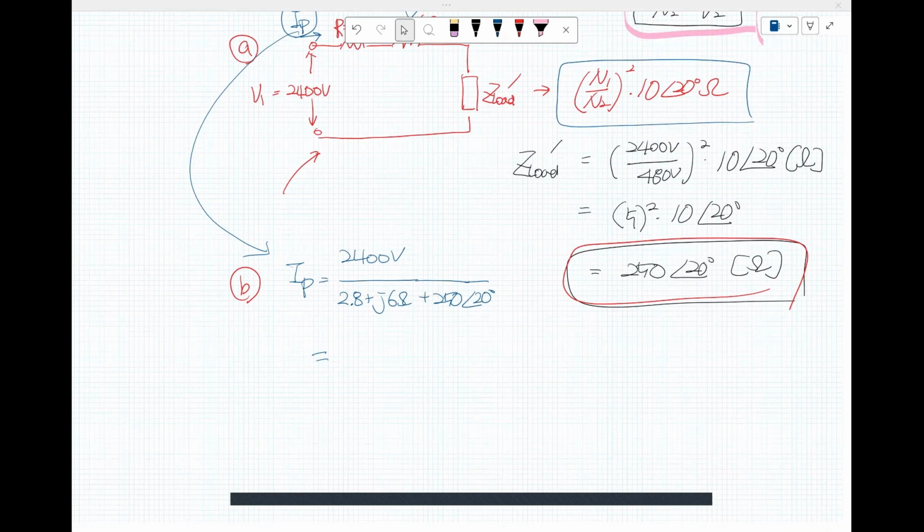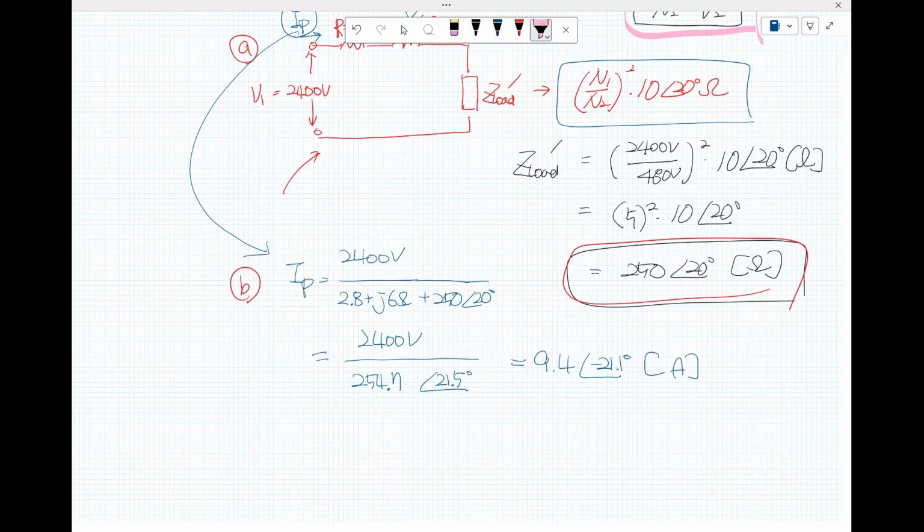Finally, you get 9.4 at minus 21.1 degrees, and that is the answer.